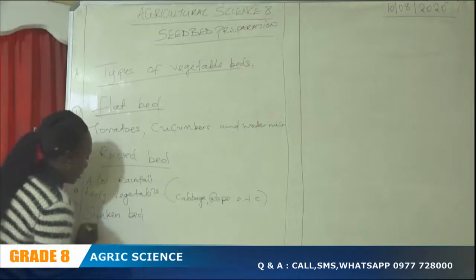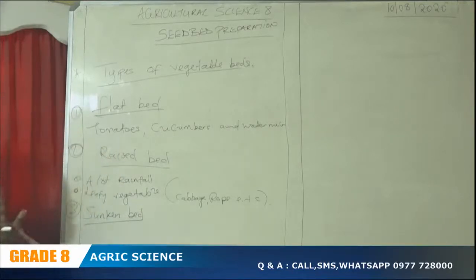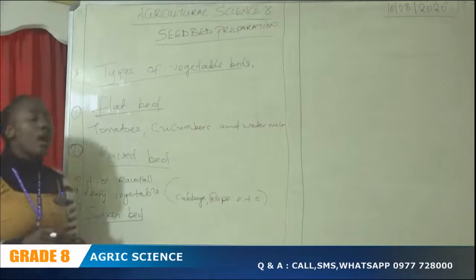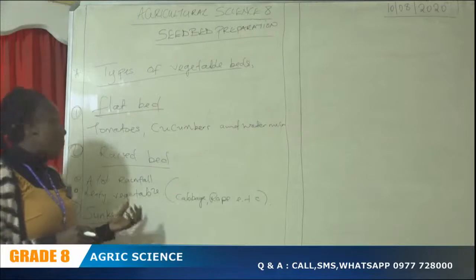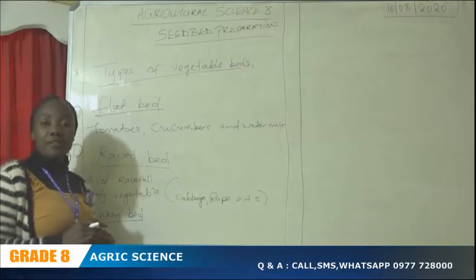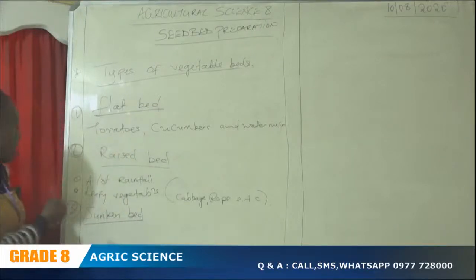Okay, so let's go to the third type of bed, the sunken bed. Okay, so where do you prepare these kinds of beds? Okay, so these kinds of beds are prepared where there's low rainfall.